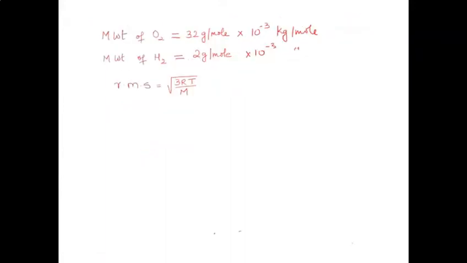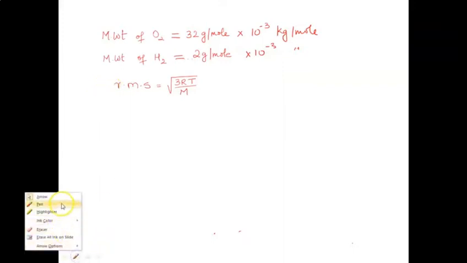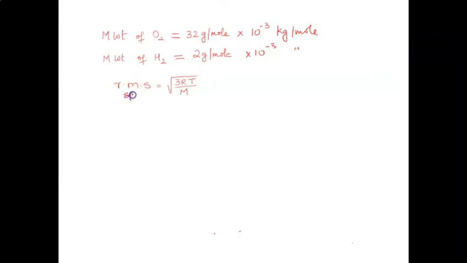Now, one of the Maxwell formulas to find out the root mean square speed is: RMS is equal to square root of 3RT upon M, where R is the gas constant, T is the temperature in degree Kelvin, and M is the molecular weight or the molar mass. That also has to be substituted in kg per mole.